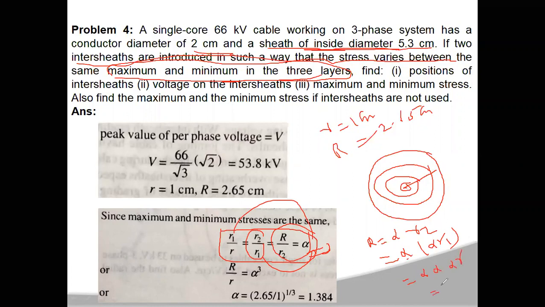So you will get alpha cubed into r will be your capital R. So capital R by small r equals alpha cubed. As you know the value of small r and capital R, you can calculate the alpha value, which is 1.384, a constant.